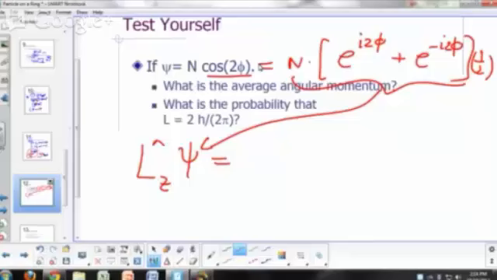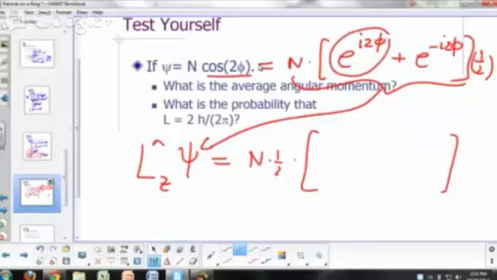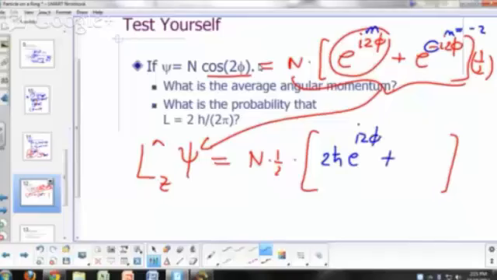So what do we get here? I'm going to get N times 1/2 times, what's Lz applied on e to the i 2 phi? We've done this already. This is going to be 2ħ, right? m is 2 here. This is your m, and that's your m. m here is -2 because there's a negative there. So this is going to be 2ħ e to the i 2 phi plus -2ħ e to the negative i 2 phi.